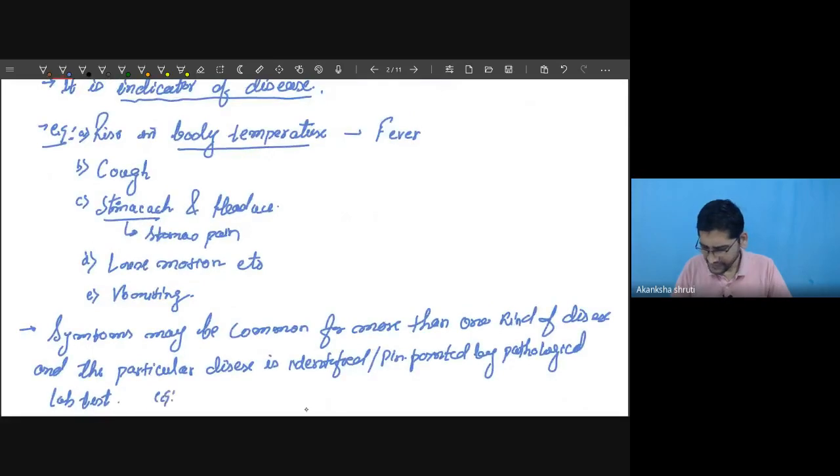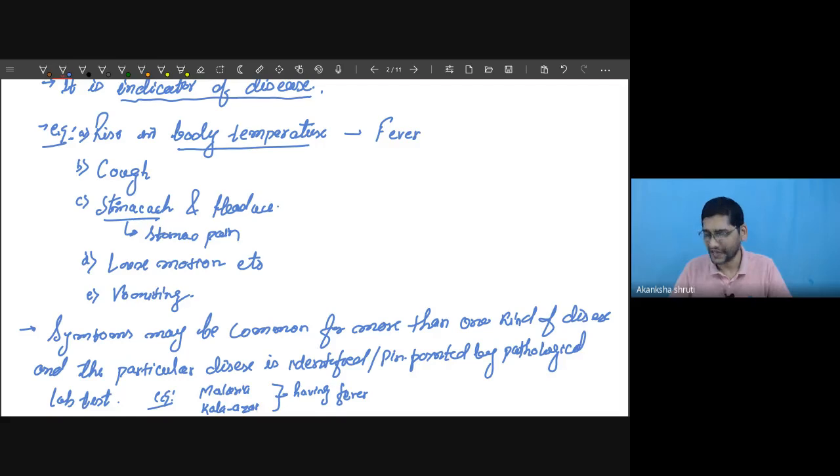For example, even if we consider malaria and kala azar, both have fever, even the common cold also, but the fever of malaria, or rising body temperature of malaria, has different characteristics than the rising body temperature of kala azar.